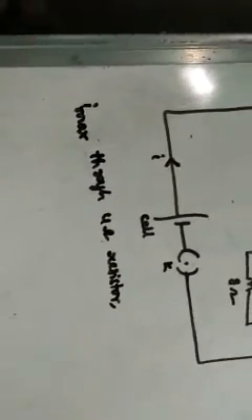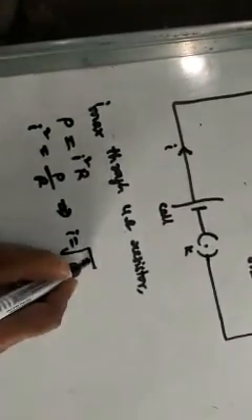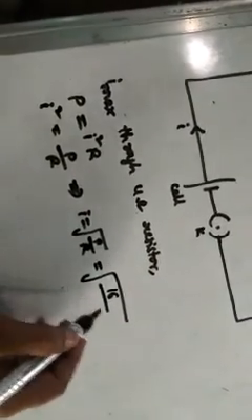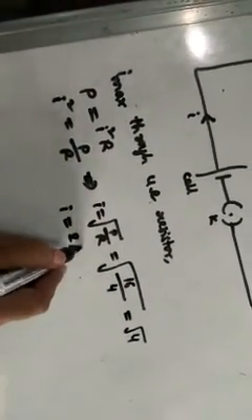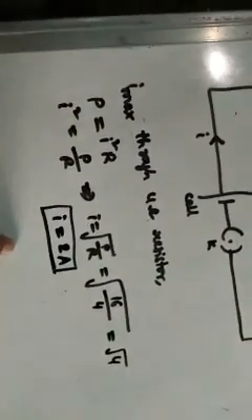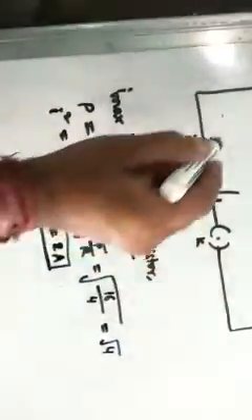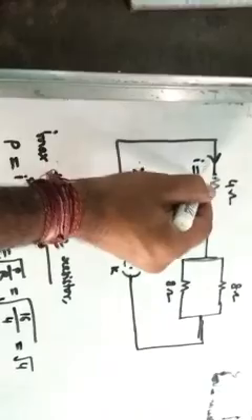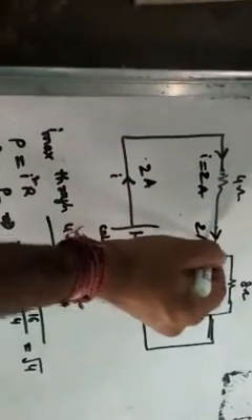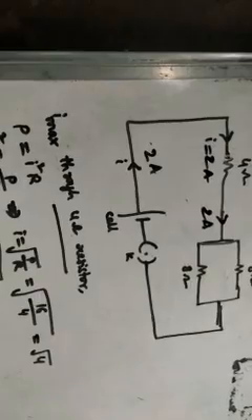We know very well, power is equal to I square R. From this, I square equals P by R, so I equals root of P by R. P is 16, R is 4, so this is root 4. Current I is equal to 2 ampere. This is the current through 4 ohm. That means the main current from the cell is 2 ampere, going like this.